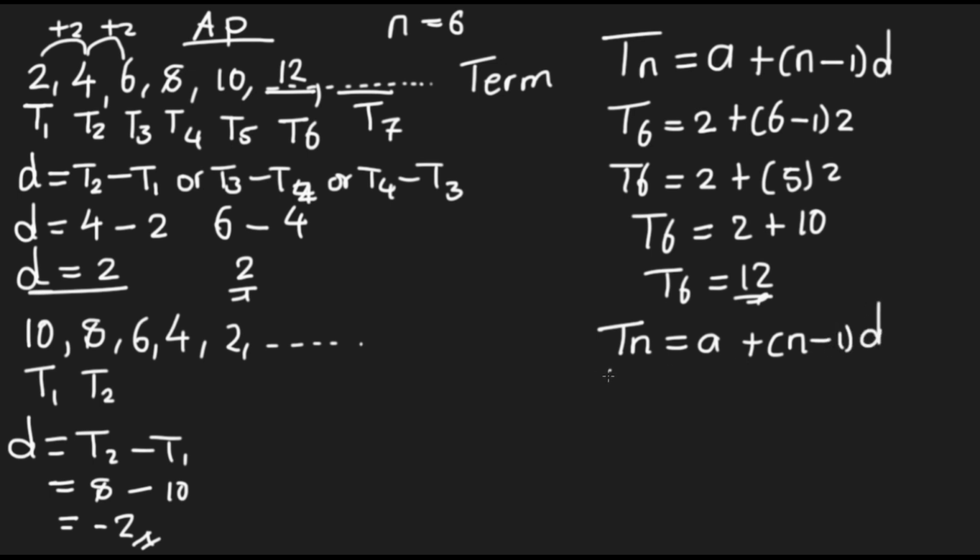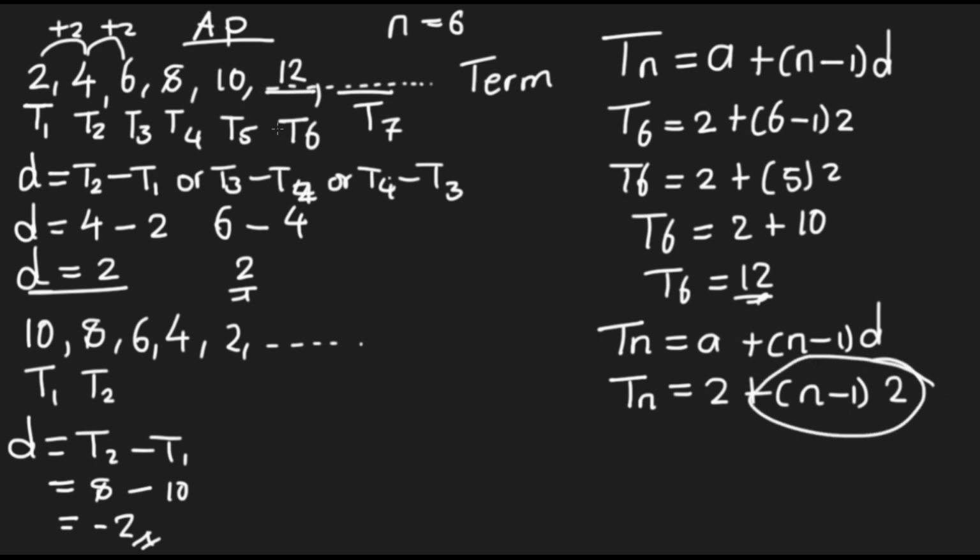If you are told to find the formula for the nth term, where there is n, you don't have to substitute anything. The n remains there. Then our a is still 2, plus n minus 1. Our common difference is still 2. Now, this part here is the same as 2 open brackets n minus 1.